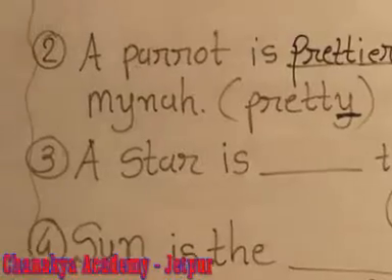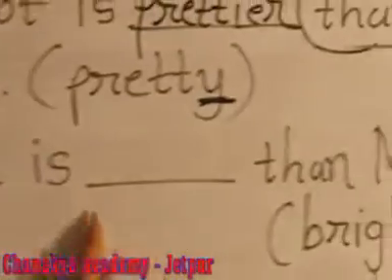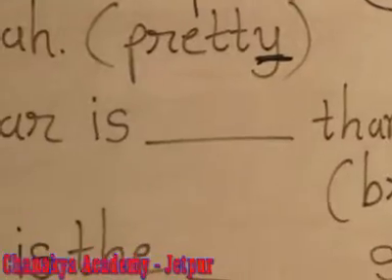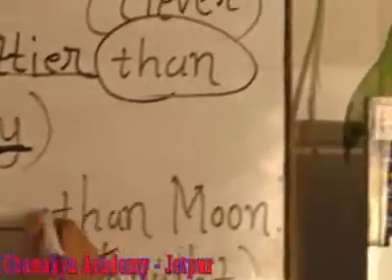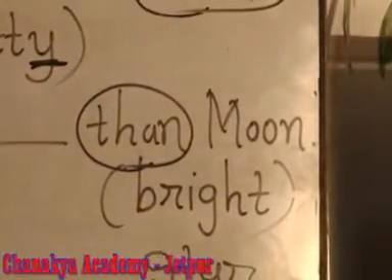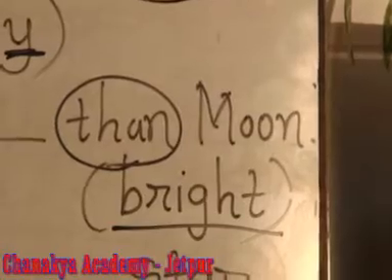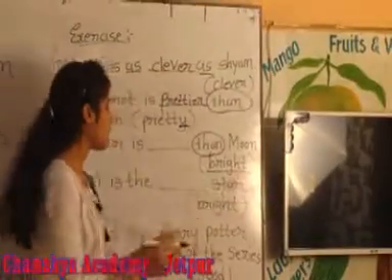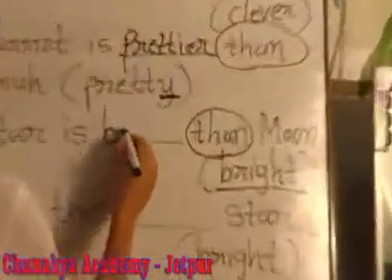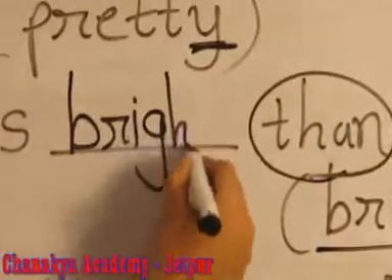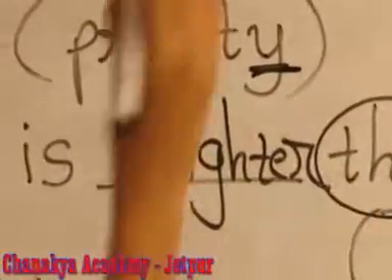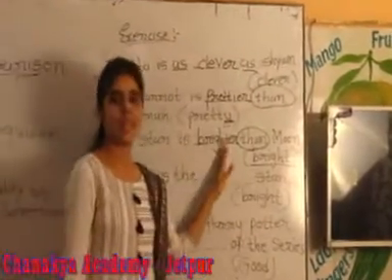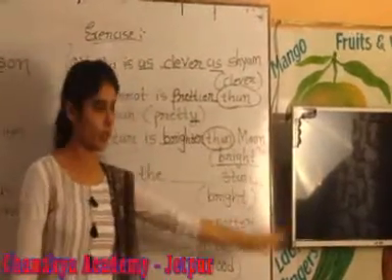The third question is, a star is blank than the moon. Again we have to identify the degree. As than is used after the blank, this is a comparative degree blank and we have to put er as a suffix. So it will be brighter. Our answer will be, a star is brighter than the moon.